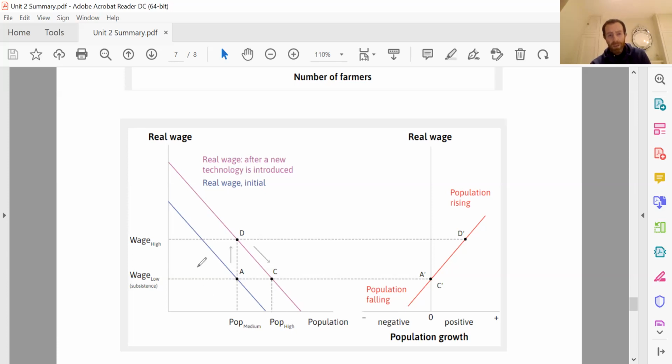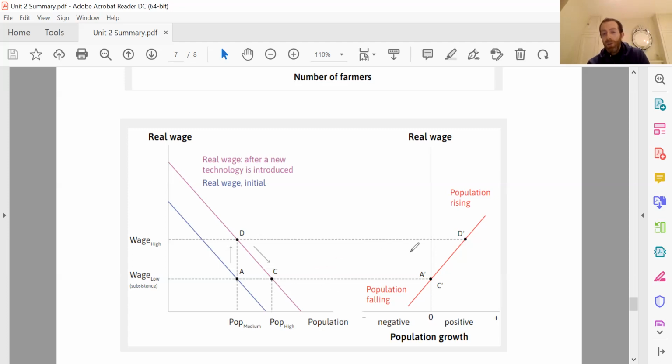So we see that when population goes higher, the real wage falls. And Malthus's explanation for that is that higher population means we've got a lower average product of labor, and a lower average product of labor will translate into lower wages for the workers. So higher population means lower wages.